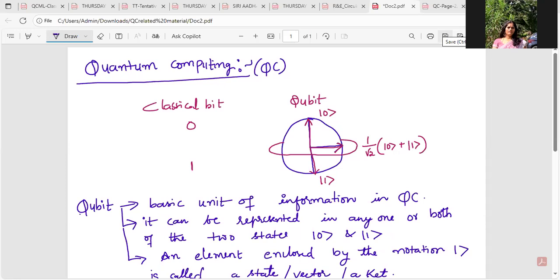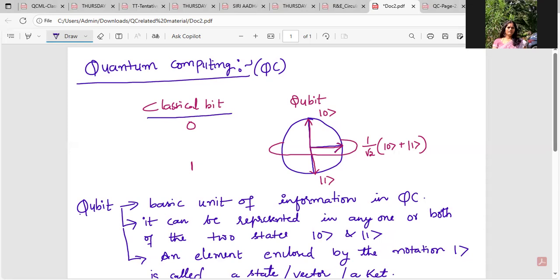Of course, those who are familiar with computers are aware of a classical bit, the binary bit which exists in a binary state. All of us know the binary way of representing numbers. In layman's language, a computer understands anything you give, be it a number or a sentence or anything.